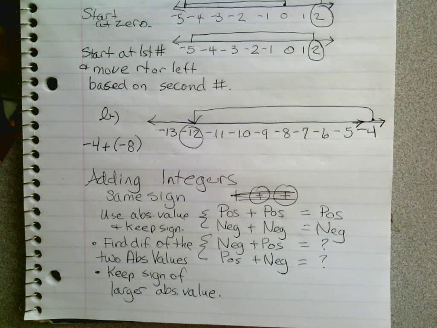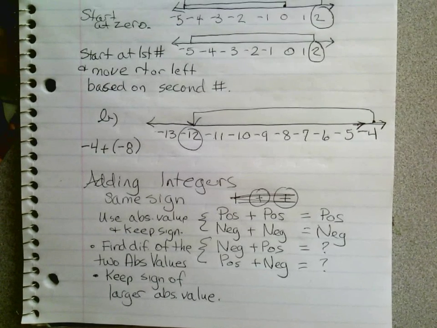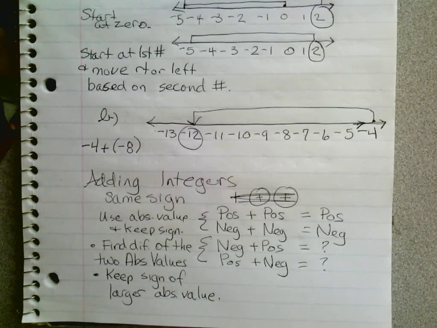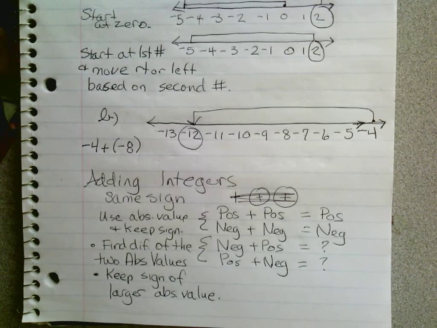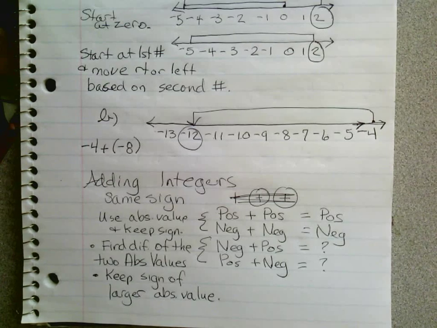Those of you that aren't still writing notes, take a look at example 2 from your book. Example A, the same signs, you simply combine them and keep the same sign. That's in your book. Look at it with me. I know there's still some people taking notes, so I am not rushing ahead. If you're done, then walk with me for a moment.